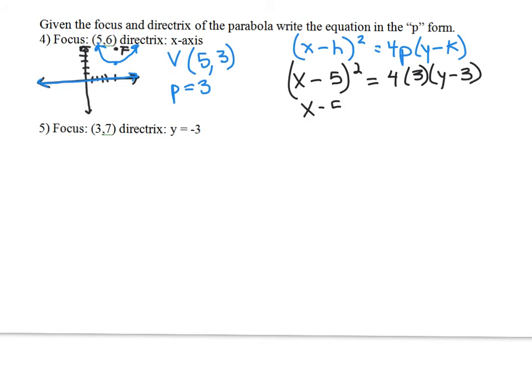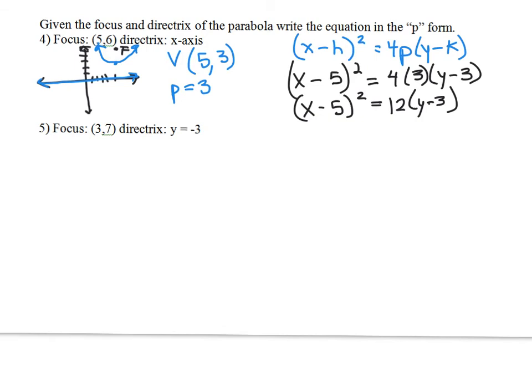So x minus 5 squared equals 12 times y minus 3. Now you'll notice that the directions said that we could leave our answer in the p form, so I'm going to leave my answer just like that. It didn't ask for standard form, so I stopped there.